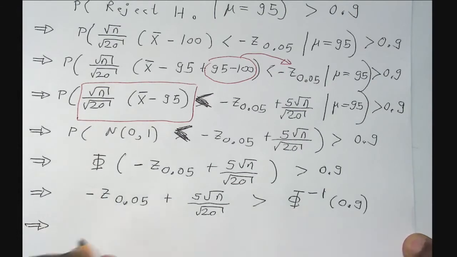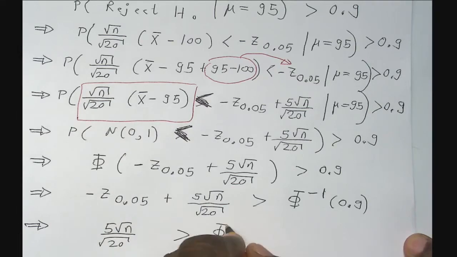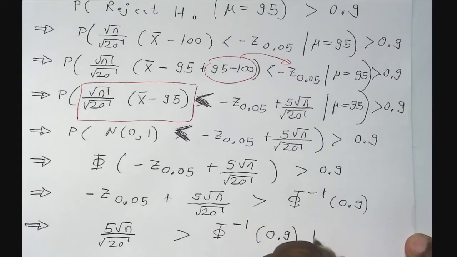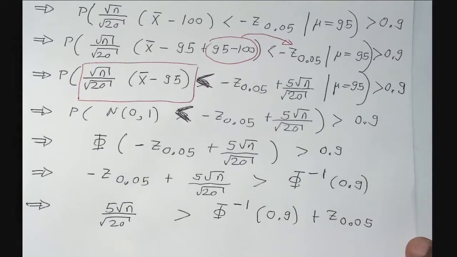Then take this to the right hand side. It becomes 5 root of n divided by root of 20 is greater than this. Yes? And then take these two across, this becomes root of n greater than root of 20 divided by 5 in brackets.